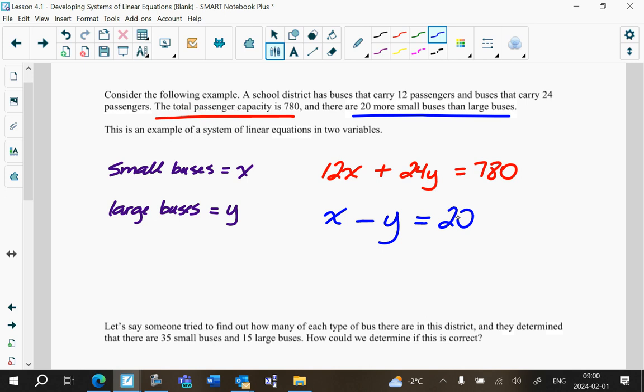You could have said, well, the number of small buses will be the number of large buses plus 20, right? Because there's 20 more of these, so I got to add 20 to make them equal. I could have done it that way. I could have said that the number of large buses is going to be the number of small minus 20.